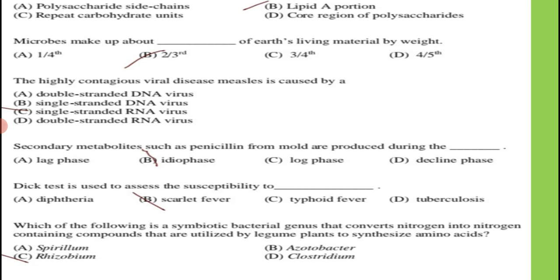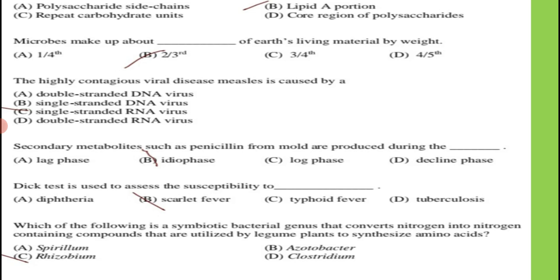Rhizobium is a bacterium which has a symbiotic association with the legumes of a dicotyledonous plant. Here Rhizobium fixes nitrogen. The nitrogen is made available for the growth of the plant, whereas Rhizobium gets shelter from the plant. So both partners in this association get benefited. So it is a symbiotic association.